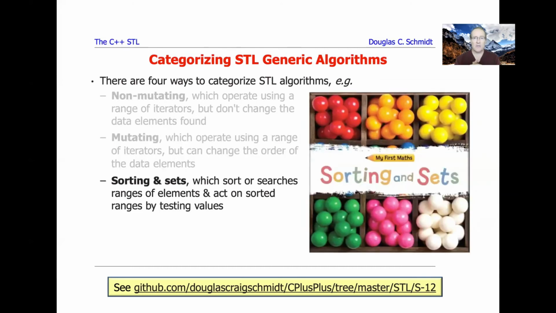Then there's also a bunch of algorithms that deal with sorting and sets, which, of course, both of those things could be considered mutating, but we tend to pull them out and talk about them separately. So sorting deals with sorting, and there's a bunch of sorting algorithms in STL, including sort, which is the most common sort, but there's also other types of sorts as well. And then there's a bunch of set algorithms, and you can do various things with sets.